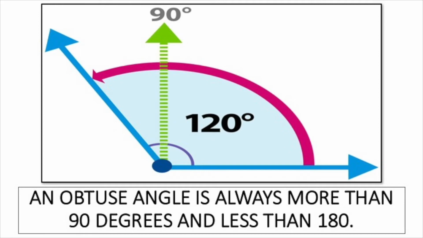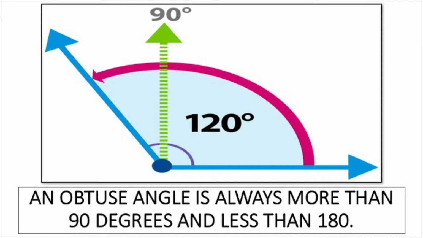An obtuse angle is always more than 90 degrees and less than 180 degrees. Yes. So here, remember before, 90 degrees, what type of angle?